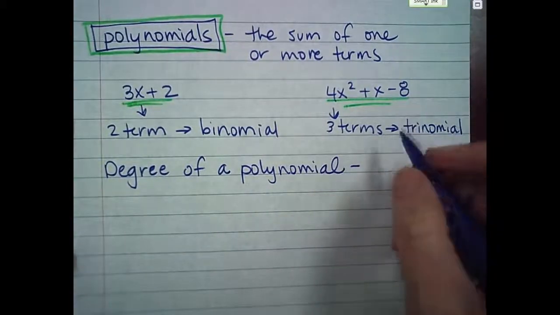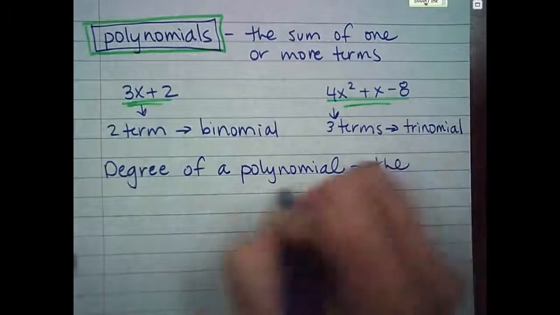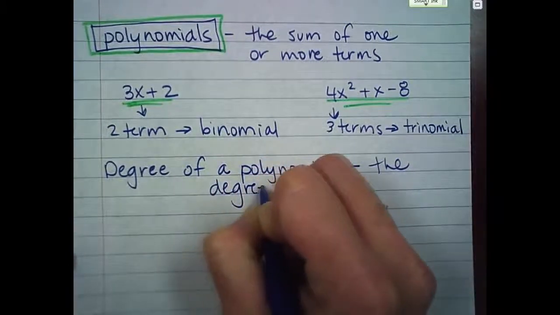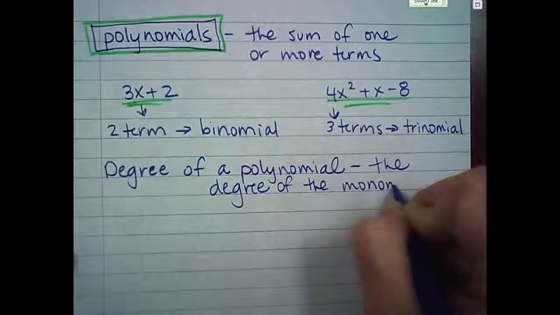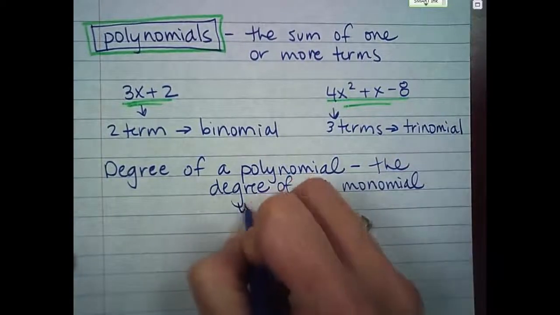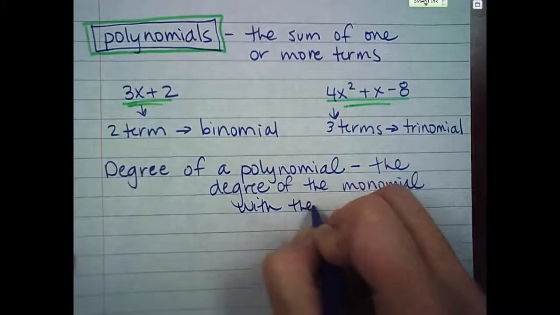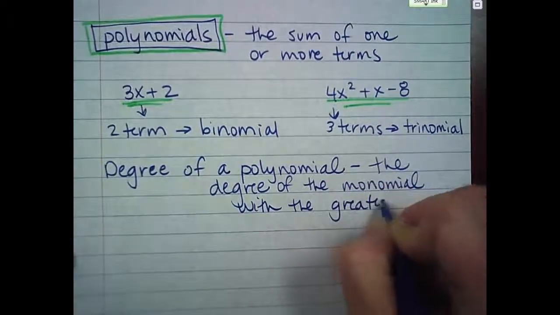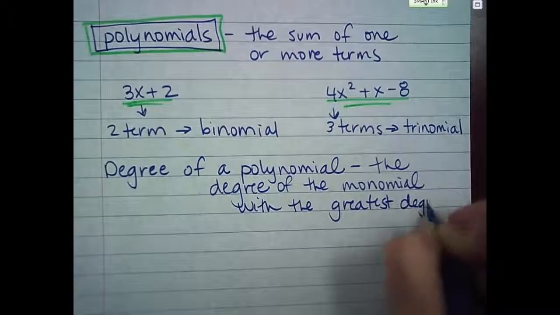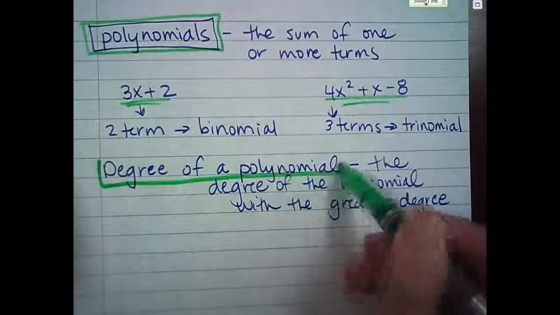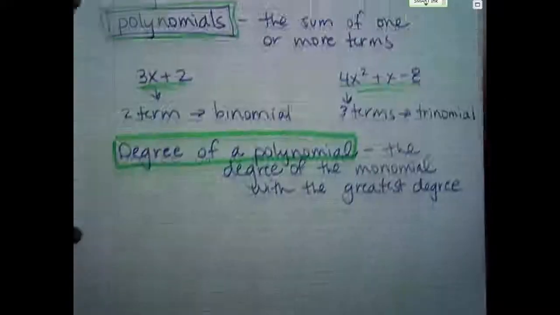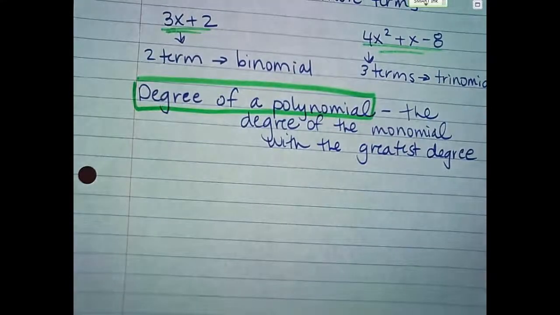It's the degree of the monomial with the greatest degree. The word degree is in that sentence like 5,000 times, but that's what it means.